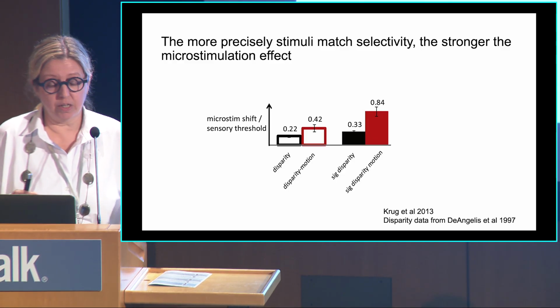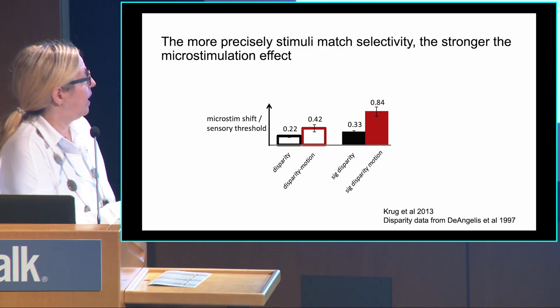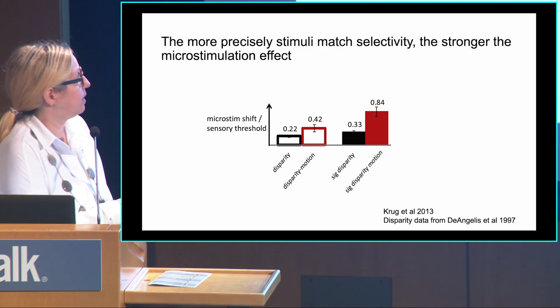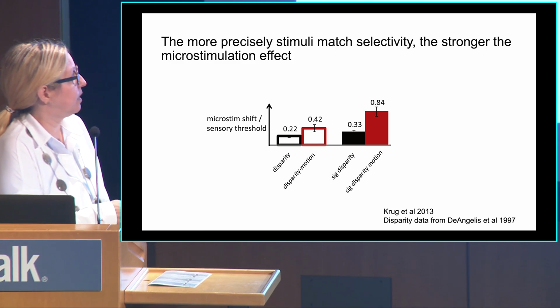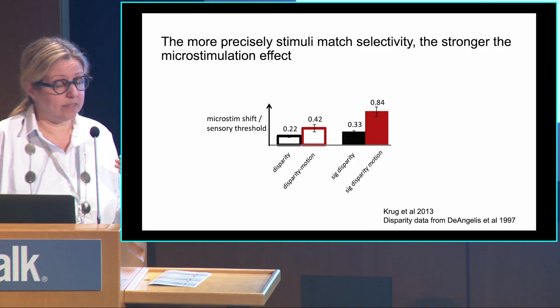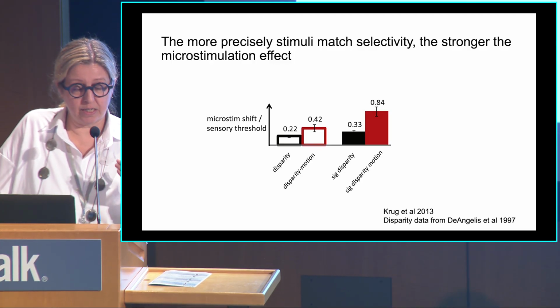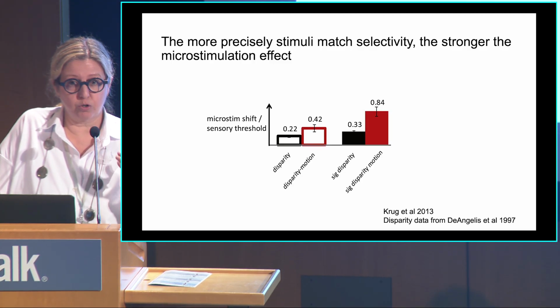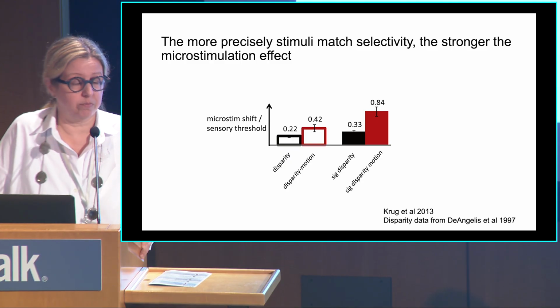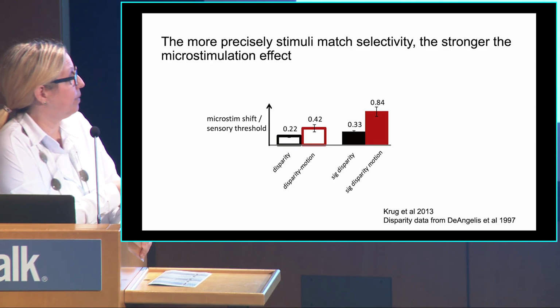The sites were similarly tuned and selective. And you can see either if you take all data or if you take just the sites with a significant effect, that while he finds significant shifts with microstimulation, our more precisely matched stimuli to both motion and depth of the representation of V5MT give you the bigger effect.